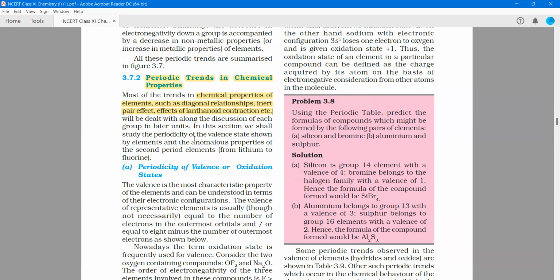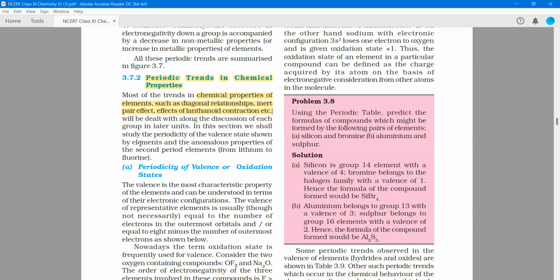So we shall study the periodicity of the valence state shown by elements and the anomalous properties of the second period elements from lithium to fluorine. Obviously, in the periodic table, when I am saying that electron gain enthalpy increases when you go from left to right, even this point is not rigid.